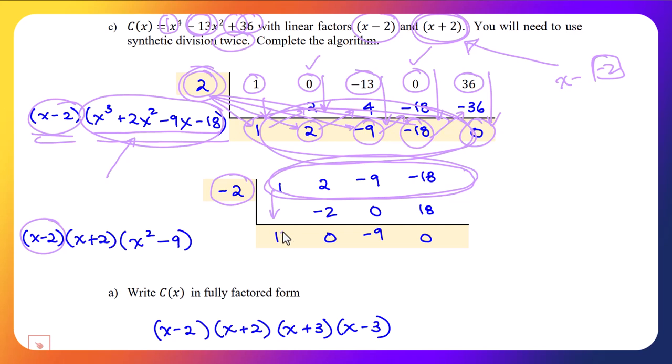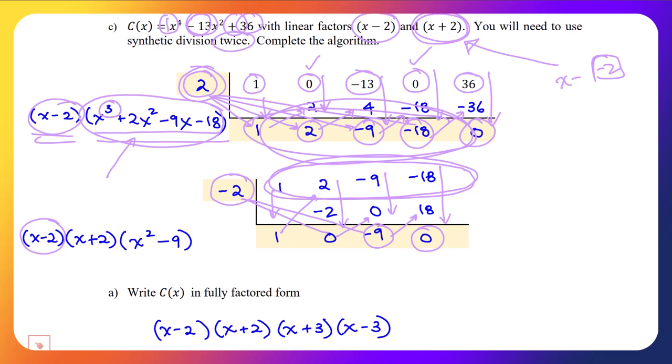And I bring down, multiply, add, multiplying here, I get 0, add, I get negative 9, multiply here, I get 18, add, I get 0.